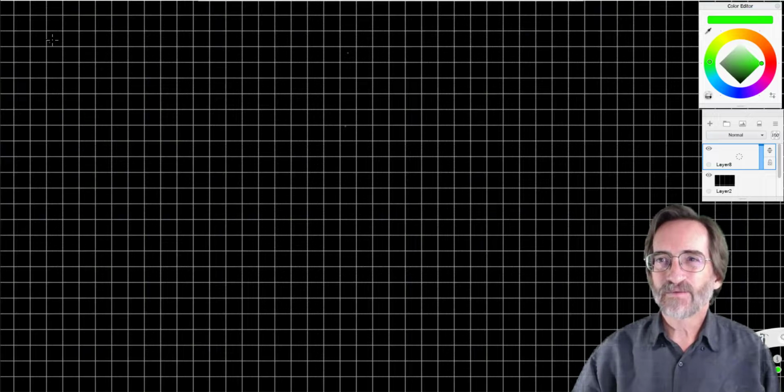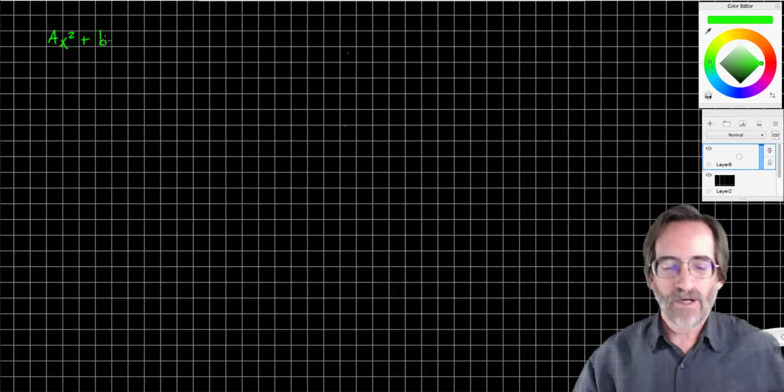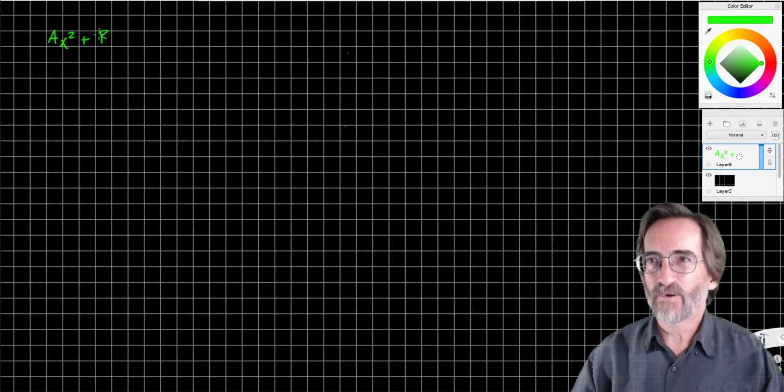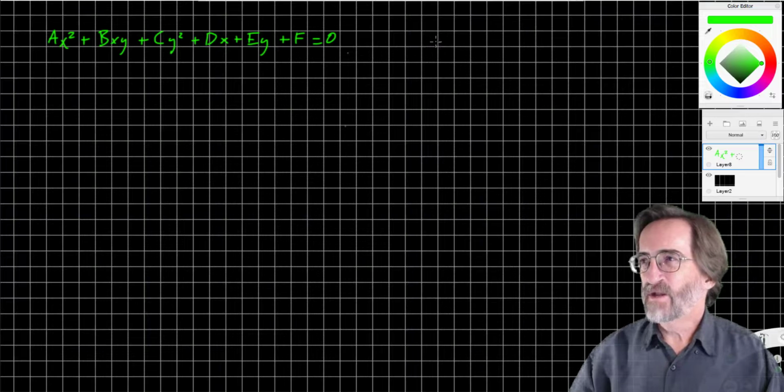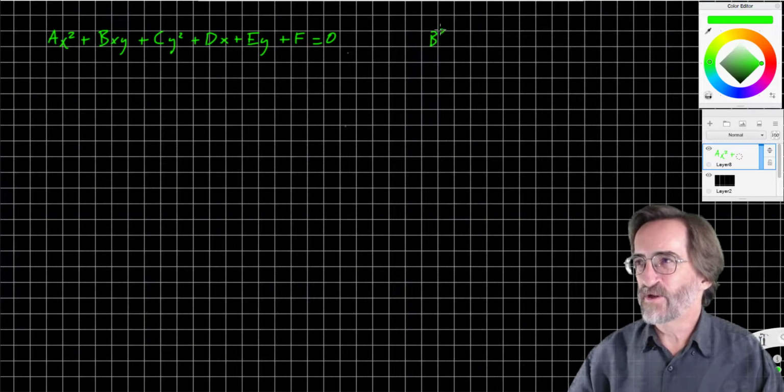And we talked about the general form of the conic section, ax squared plus bxy, careful, capital B, xy, plus cy squared, plus dx plus ey plus f equals 0, and how we can determine which conic section we have by the value of the discriminant b squared minus 4ac.